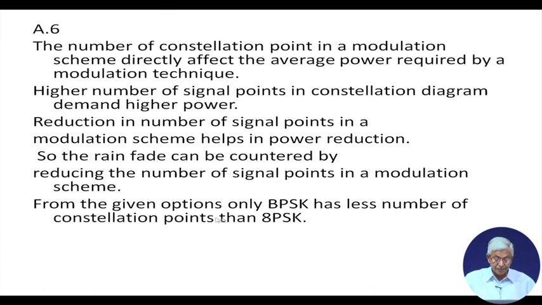So, from the given options, only BPSK has fewer constellation points than 8 phase PSK. As you go on increasing this n number, or M, you call MPSK, your constellation points are increasing. So, therefore, the appropriate option is A, because A is the only option given which has less M, so, fewer constellation points.